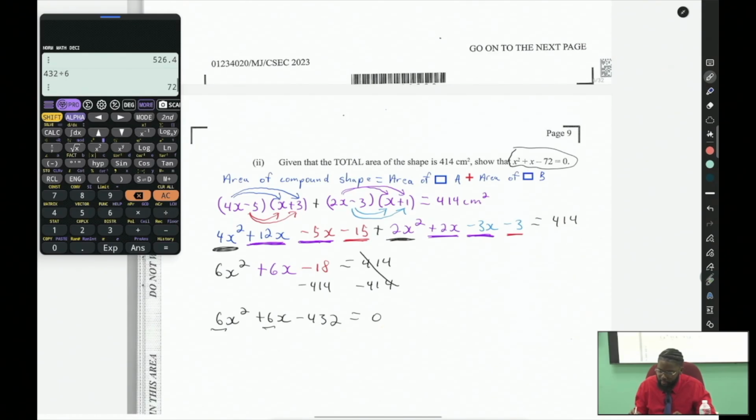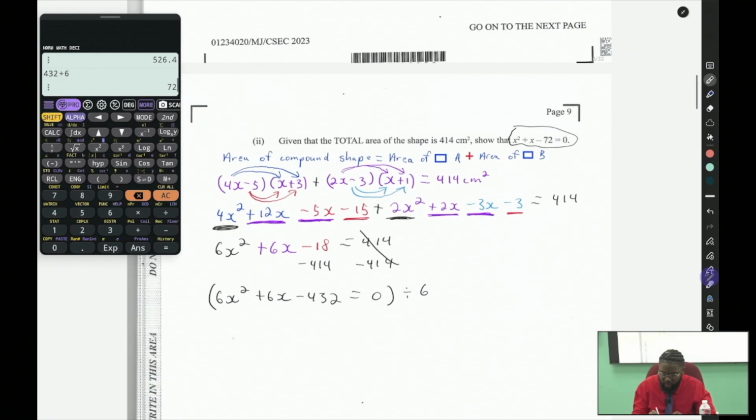Yes, we can. So we could then divide the whole equation by 6, which will then give us x squared plus x minus 72 equal to 0. And we just showed what we needed to show. All right?